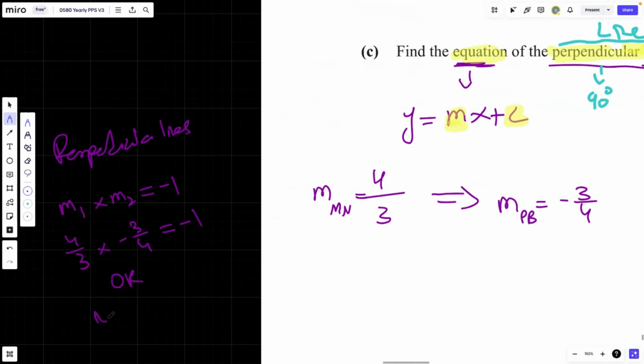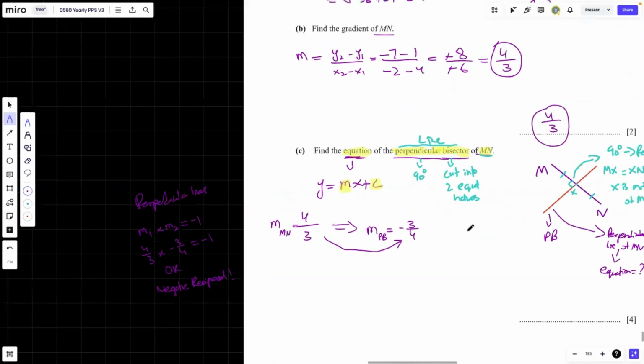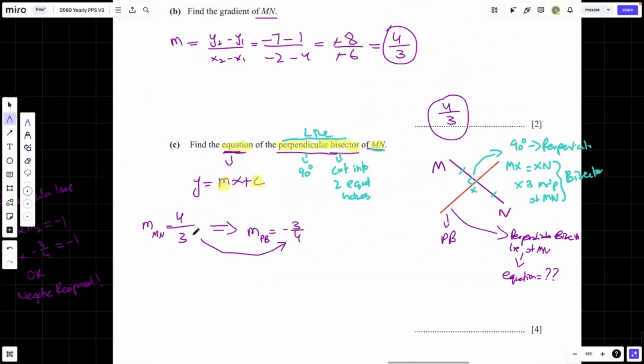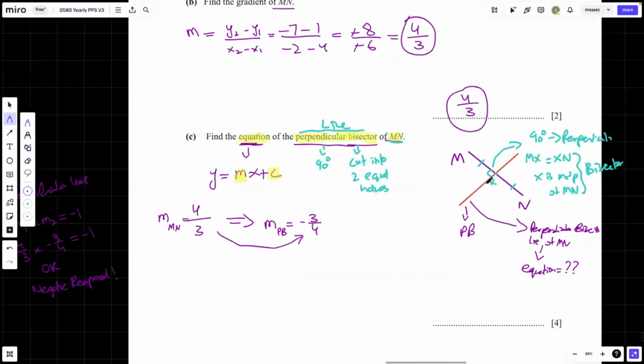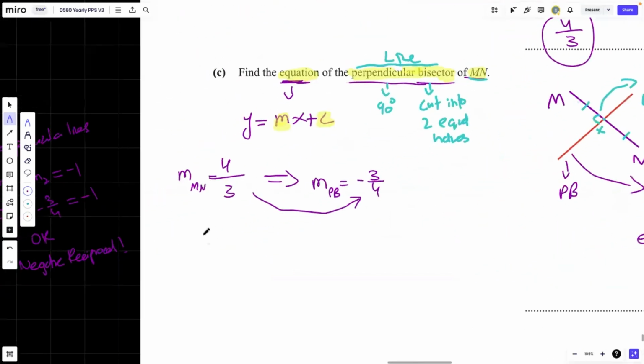Or negative reciprocal. I just did the negative reciprocal. I reciprocated the gradient and multiplied it with negative, so I changed the sign of it. I got the gradient of the other line because the two lines are perpendicular, making 90 degrees. So I've gotten the gradient.